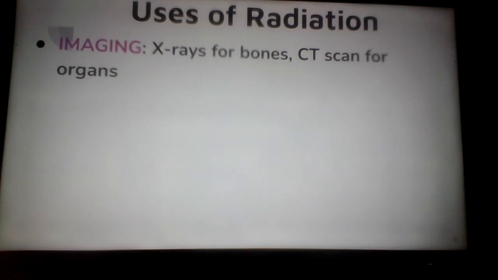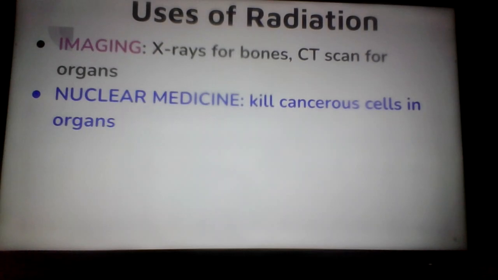I've had both. I've had X-rays on bones and X-rays on my digestive system. I've told you about the little problems I have, and that's why I kind of burp a lot. But a lot of that got discovered by using X-rays and other forms of useful radiation. In nuclear medicine, these can be used to kill cancerous cells and organs.